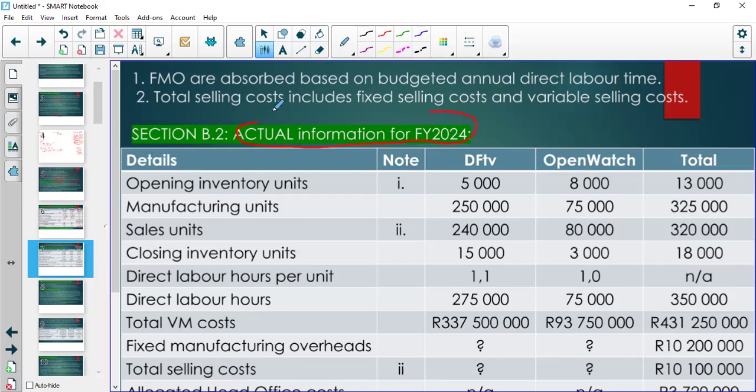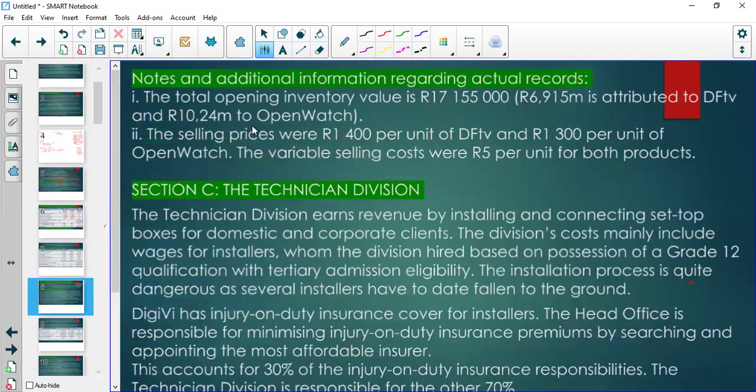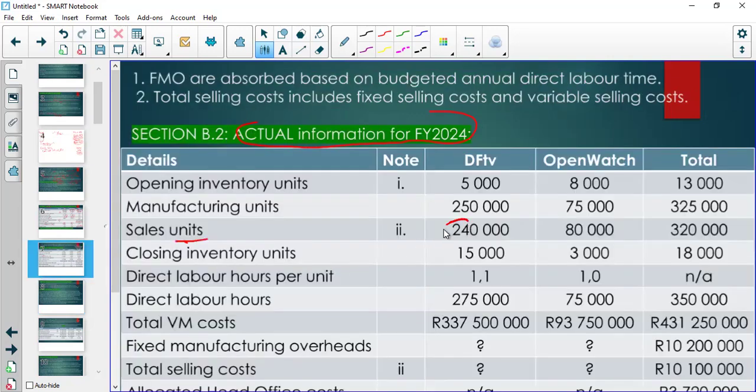Right, where is our starting point again? Our starting point is the sales units, right? The sales. 1,400 per unit and 1,300 per unit. So now I know that this is what was actually sold.